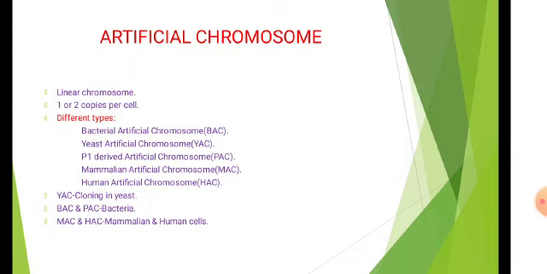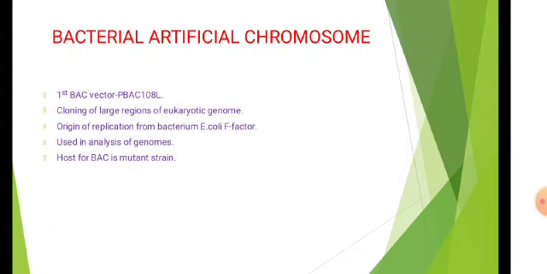Let us see in another slide, the bacterial artificial chromosome. We will discuss the five types of artificial chromosome. Bacterial artificial chromosomes, BAC, are derived from bacteria.